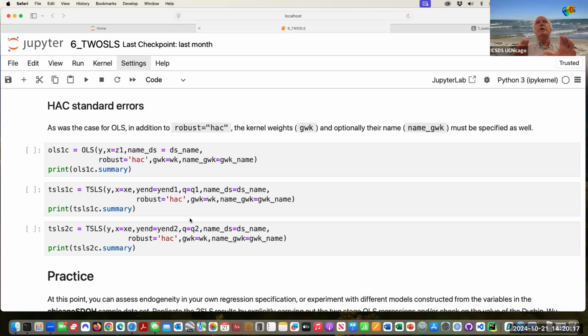a kernel function. We talked a little bit about kernel functions. They're actually weighted averages of observations that are within a given distance band of each other. That's called a bandwidth. And there's a distance decay, again, smaller weight as you get further away from each other, that is specified by the actual kernel function.